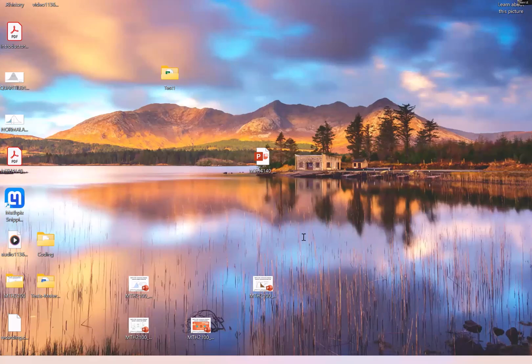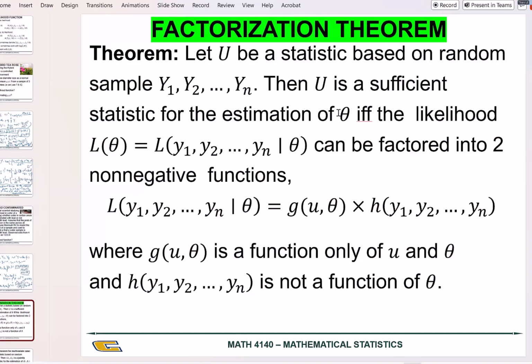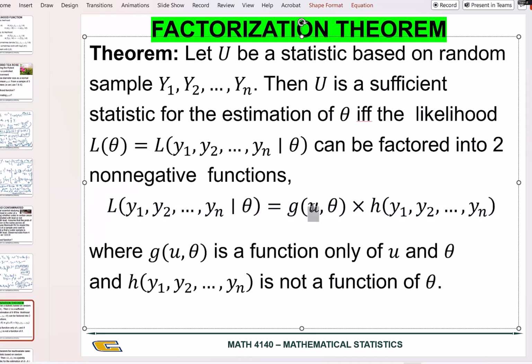So let's say you have the function L theta, your likelihood function, and if L theta can be factorized by G of U, theta times a function which does not depend on theta, H of y1 to yn. If you can factorize that way, then all information can be wrapped in this U.